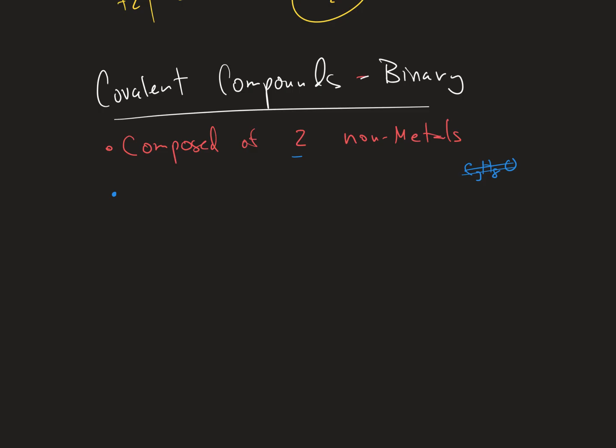But then we have this one right here, C3H8O. That's a liquid at room temperature. That's isopropyl alcohol, rubbing alcohol. We could have CH4. That's methane, that's a gas. So covalent compounds are kind of all over the board: solids, liquids, and gases.